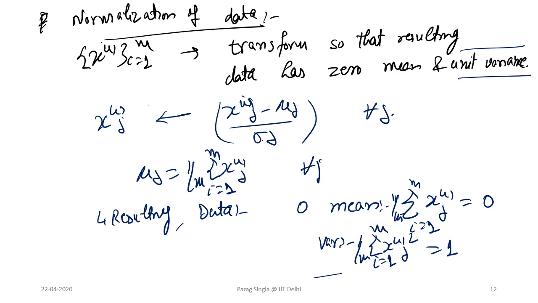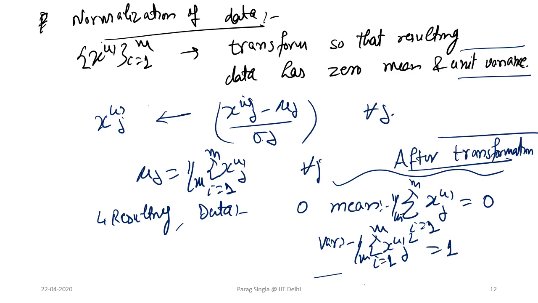So this is the variance and mean after you transform the data.